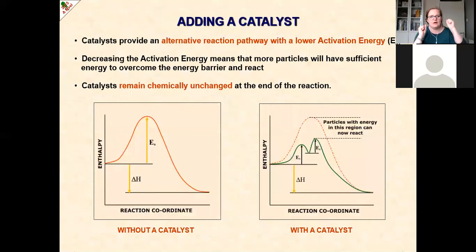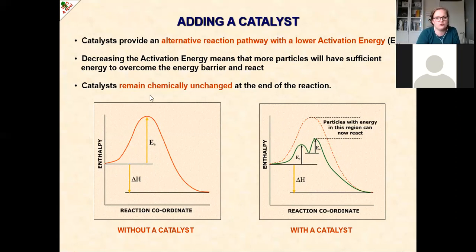If we decrease the activation energy, more particles will have sufficient energy to overcome the energy barrier and react. Catalysts also remain chemically unchanged at the end of a reaction, so catalysts can get reused again and again and again. So here's a perfect example of a reaction without a catalyst and then with a catalyst.